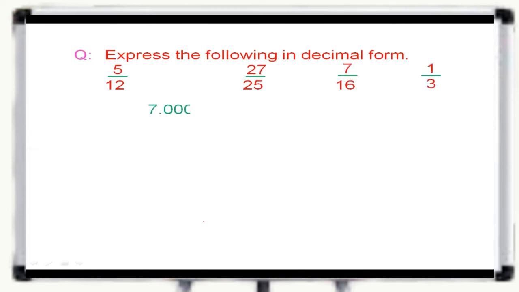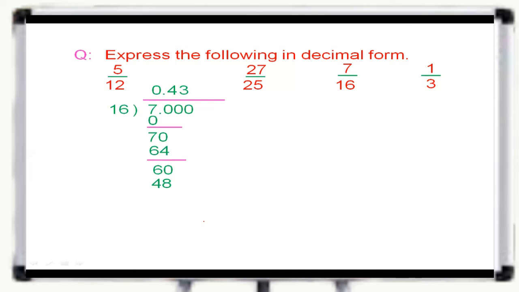Now take the third question, 7 by 16. 7 as dividend and 16 as divisor. So 7 means 7.000. 16 zeros are 0. By subtracting, we take 7 and take 0, so the number becomes 70. 16 fours are 64. By subtracting we get 6, taking 0, 60. 16 threes are 48.